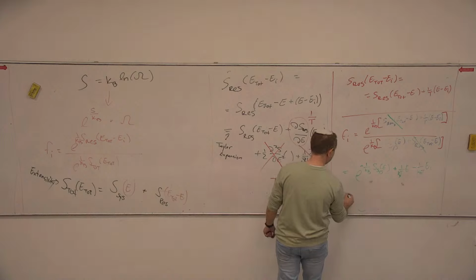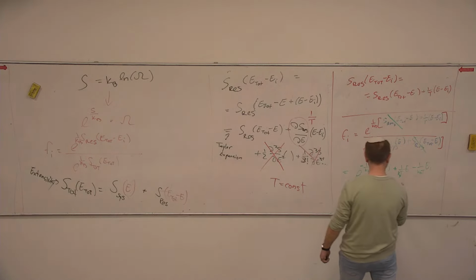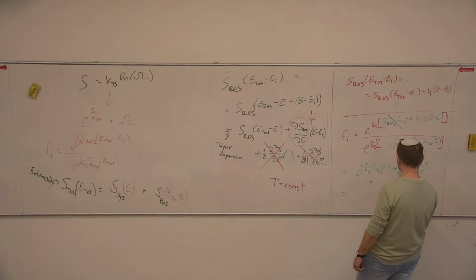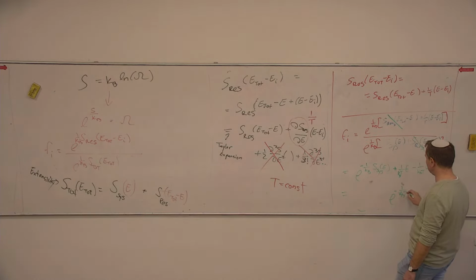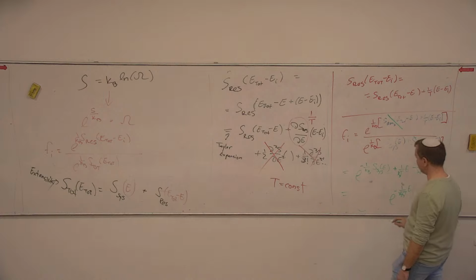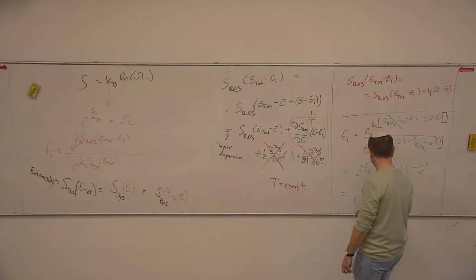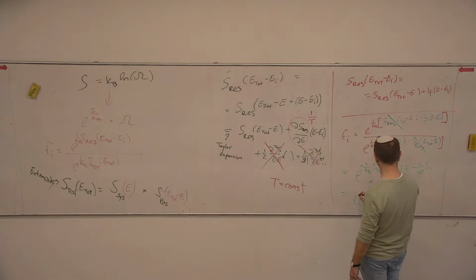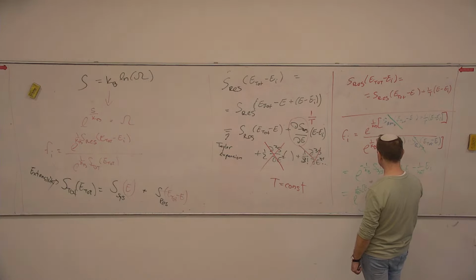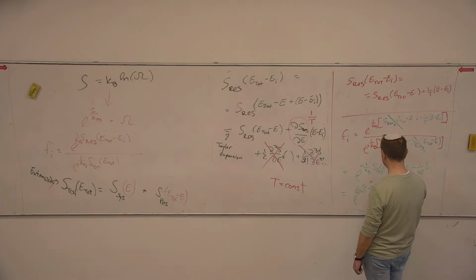Okay, so I want to write it down as e to the power minus 1 over k Boltzmann T Ei, and here I have e to the power 1 over k Boltzmann T times (E minus T S of the system).